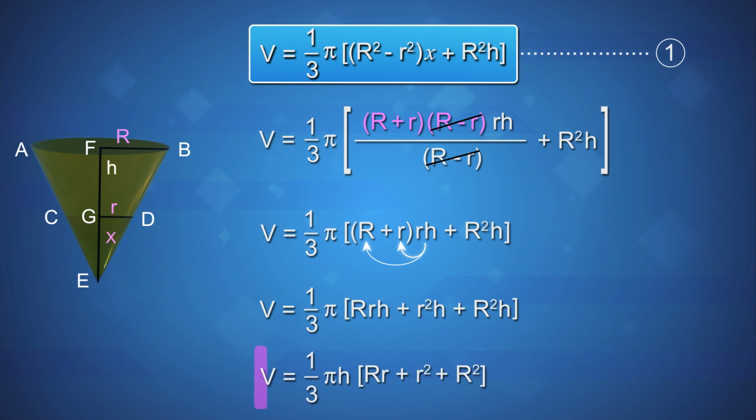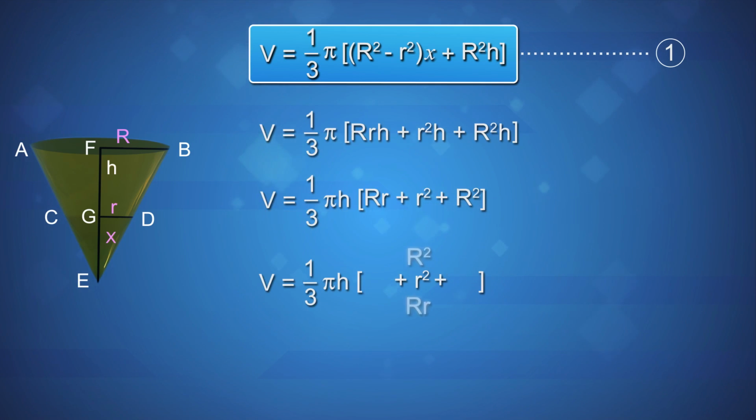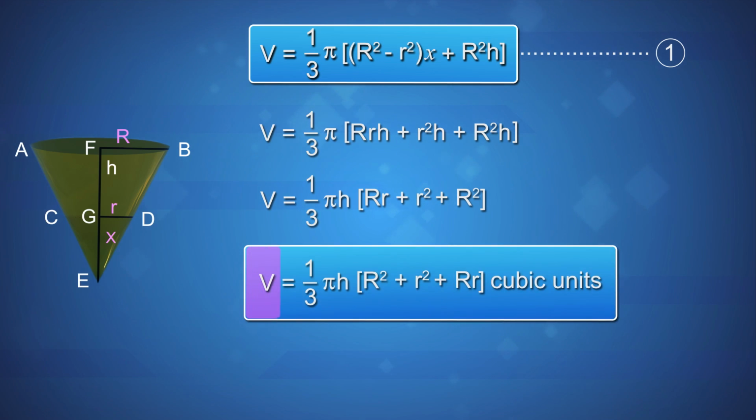Therefore, V is equal to 1 by 3 pi into H into capital R into small r plus small r square plus capital R square. Just rearrange this equation to get the volume of frustum of cone. That is, V is equal to 1 by 3 pi into H into capital R square plus small r square plus capital R into small r cubic units.